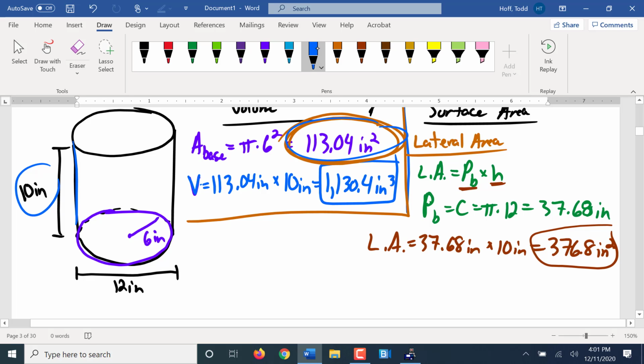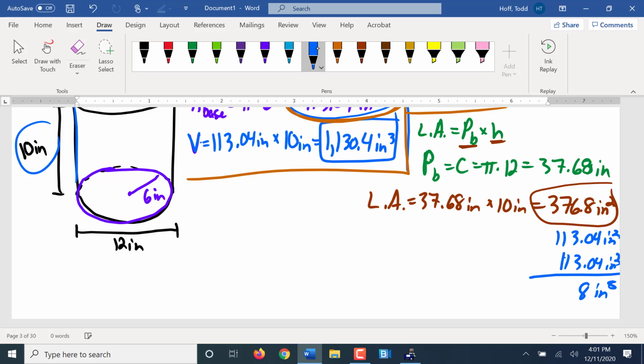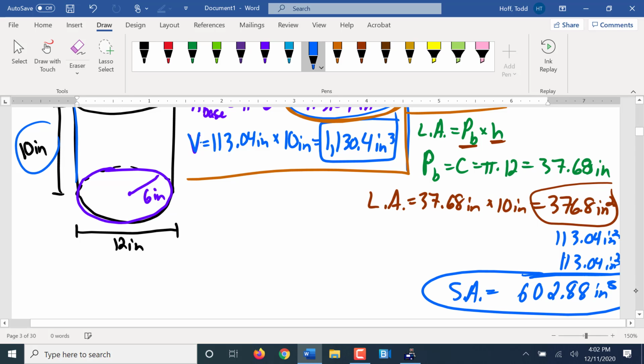Yeah, we add the area of the base twice, the 113.04 square inches. Yes, 602.88 is our surface area. That is beautiful penmanship, isn't it? It's a little bit better.